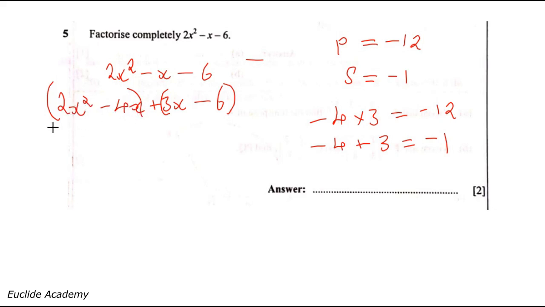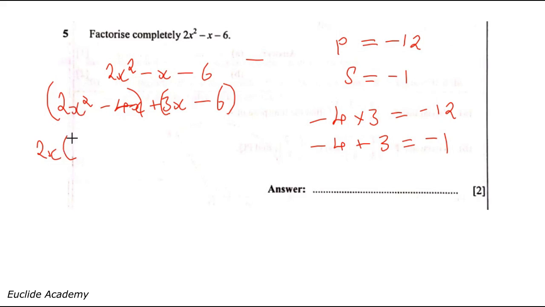So let us factorize group number 1. Here I've got 2x squared minus 4x. So what can we factor out here? We see 2 is common because we've got a 2 here and a 4 here, and 2 can go into 4. And then x is also common. We've got x squared and we've got an x there.